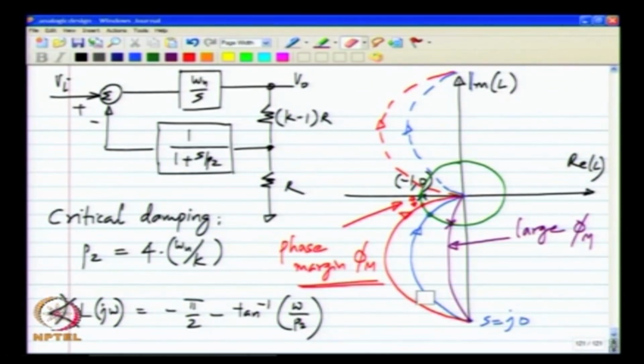So what we do is, now we calculate the phase margin corresponding to the critically damped case. P2 is 4 times omega u by k.